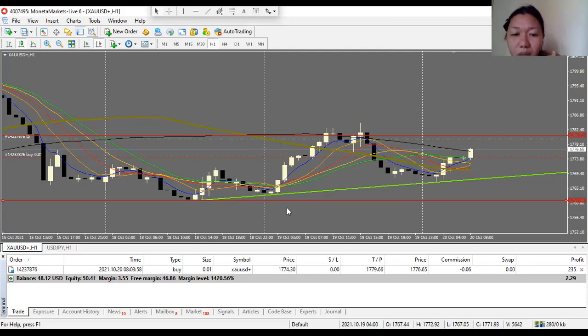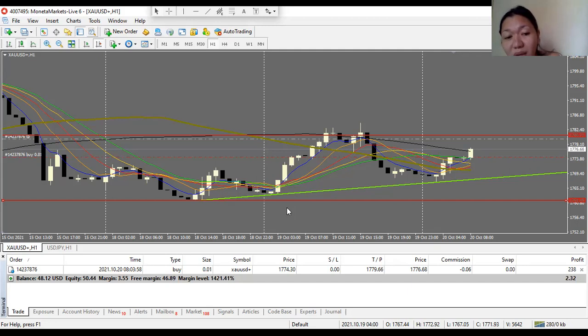Okay, so back to my chart. I took a lot size of 1 cent, okay? Because as I mentioned a while ago, it doesn't matter how much money you're trading. The important thing is the principle of entries and exits, and you can apply it to any type of account that you're handling, any account size.